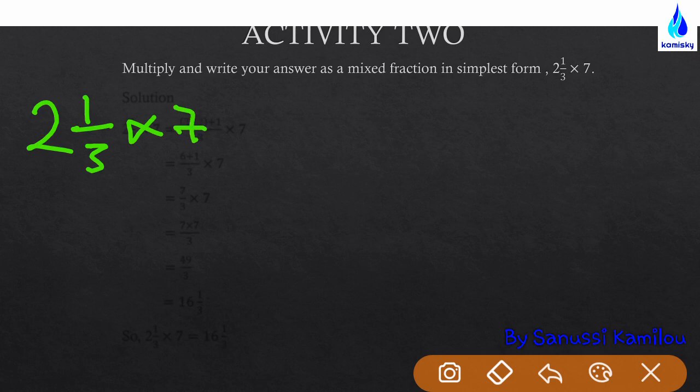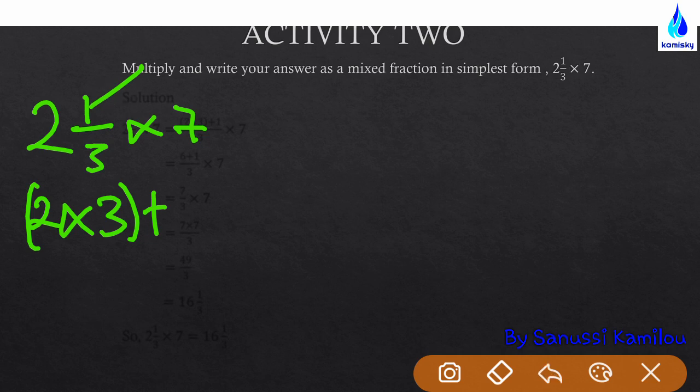So we have said that you must convert what we call a mixed fraction into an improper fraction. We will multiply 2 by 3, this 2 and this 3, and then add it to the numerator at the top, which is 1, all over 3.